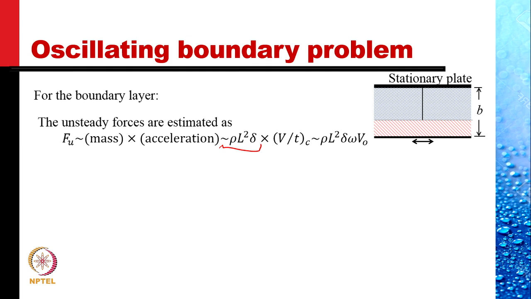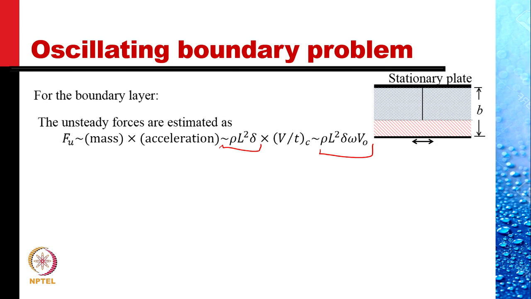So mass is rho times the volume, and the volume would be like L square delta. And the acceleration would be like v divided by t characteristic, and t characteristic is like 1 over omega and v characteristic like v naught. So that this gives you rho L square delta omega v naught.